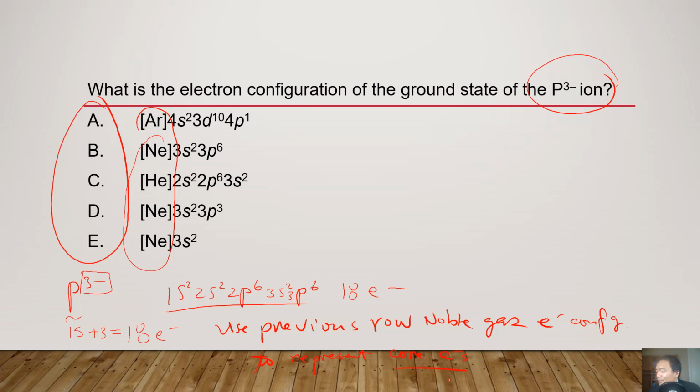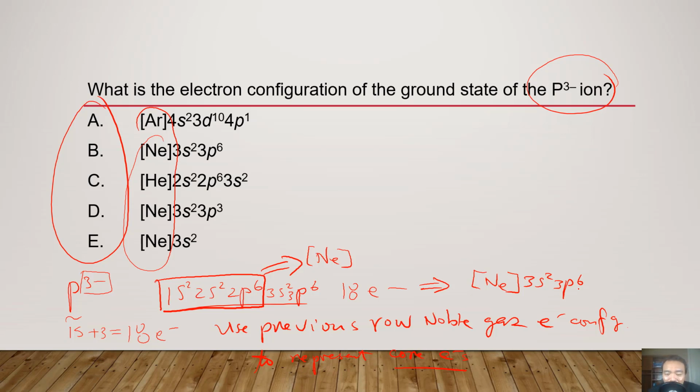Basically, when you look at this portion, that's exactly the same as neon, which has 10 electrons. So if you rewrite it, this becomes the same as neon, 3s2, 3p6.